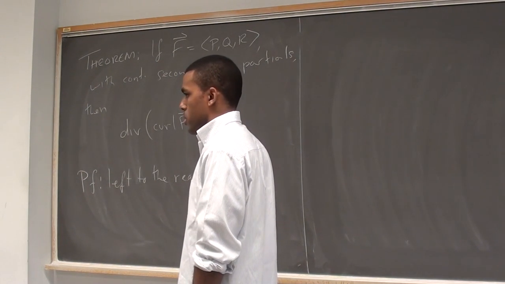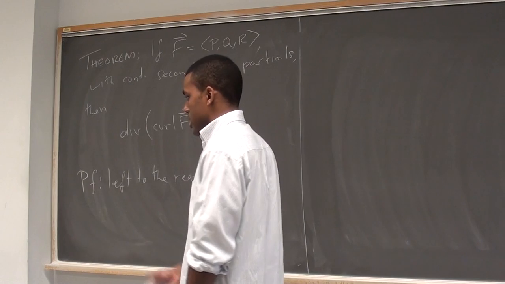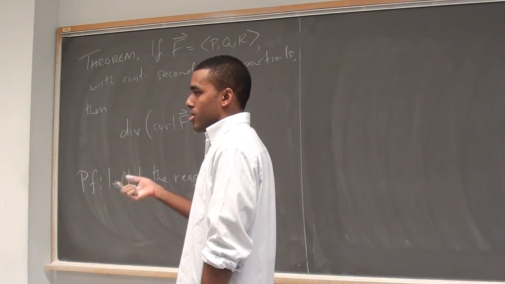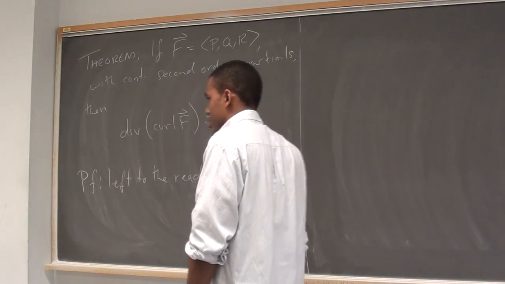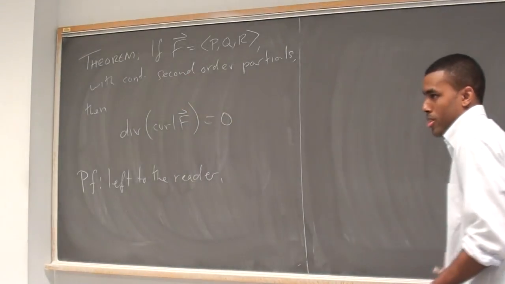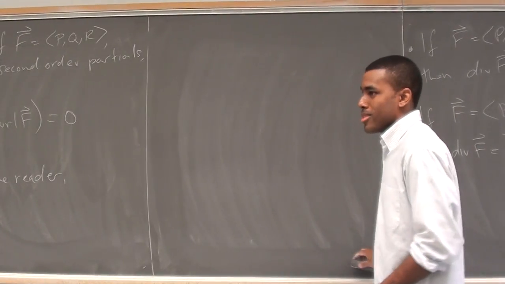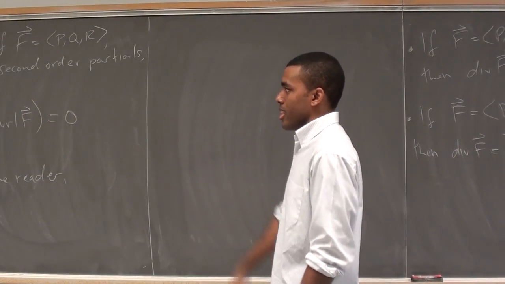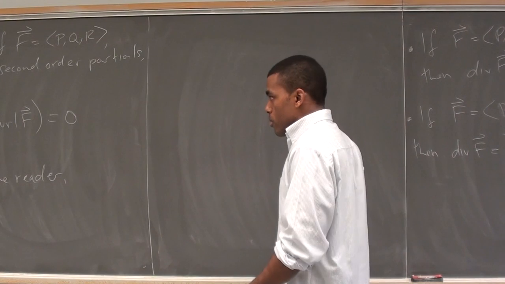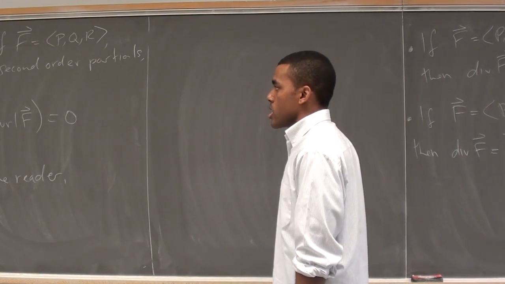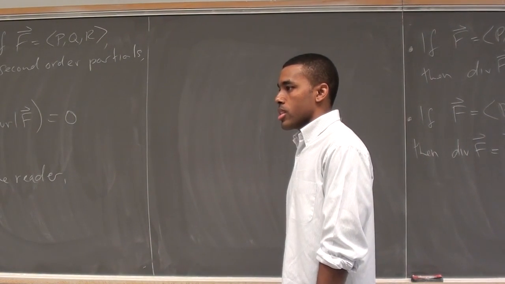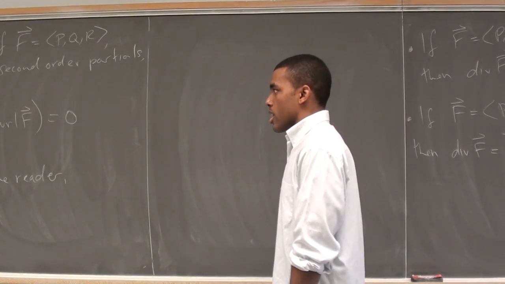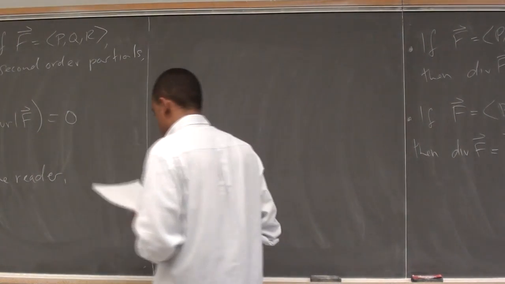No analogy. That's just a direct consequence of the fact that A cross B is orthogonal to A, and if you take the dot product of two orthogonal things, you get 0. This is just a neat little thing that you notice. For example, you can prove that not every vector field is a curl, just like not every vector field is a gradient field.